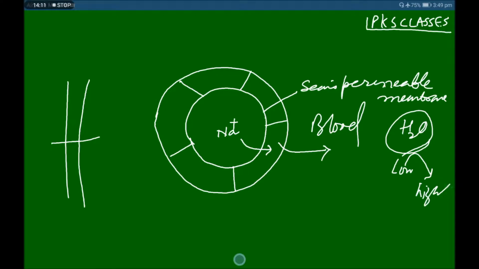So we have to increase the concentration of the ions inside the lumen. If we do, water will flow from the tubular cells into the lumen.